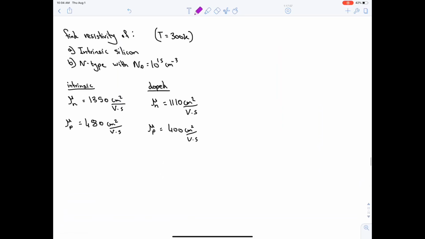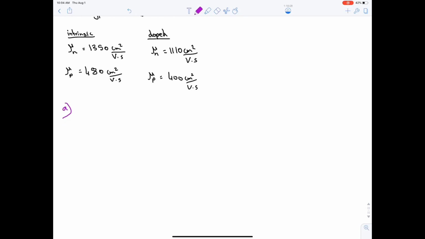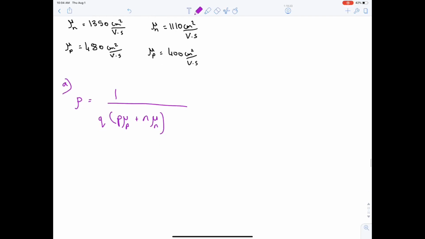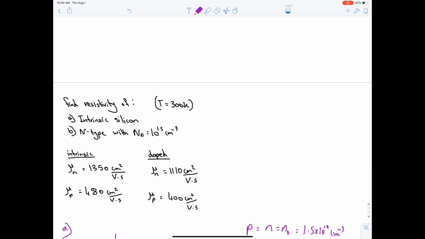Next, we need to find the resistivity. Resistivity for intrinsic silicon and N-type. Let's start with intrinsic. Rho is equal to 1 over Q (P mu P plus N mu N). Q is 1.6 times 10 to the minus 19. P is equal to N naught, N intrinsic, which is 1.5 times 10 to the power of 10 centimeter minus 3, because it's at room temperature.